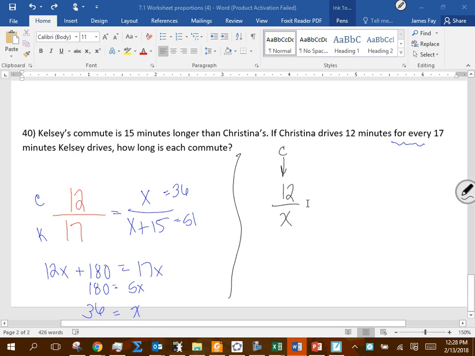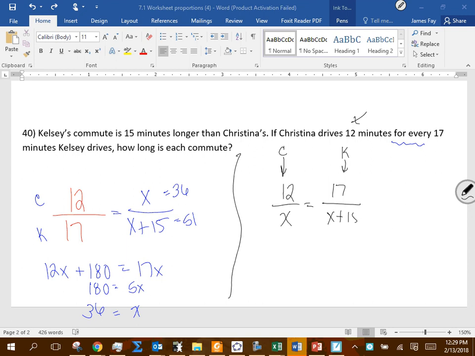This ratio here would be everything in regards to Kelsey. The 12 came from the 12 minutes, so the numerator would be 17 here, and this would be x plus 15. What did we essentially do there, from this one over here to gain this one? Just flip-flop the what?